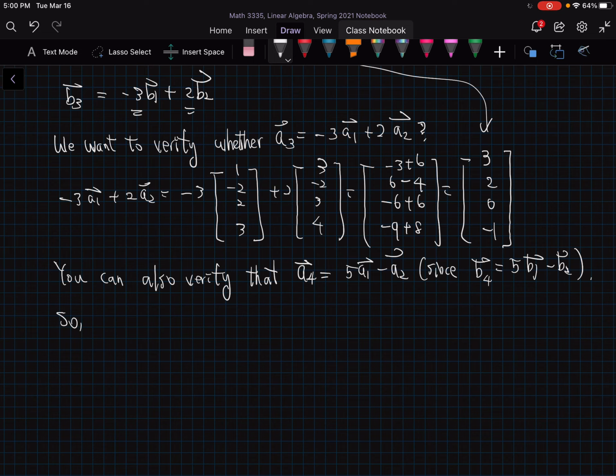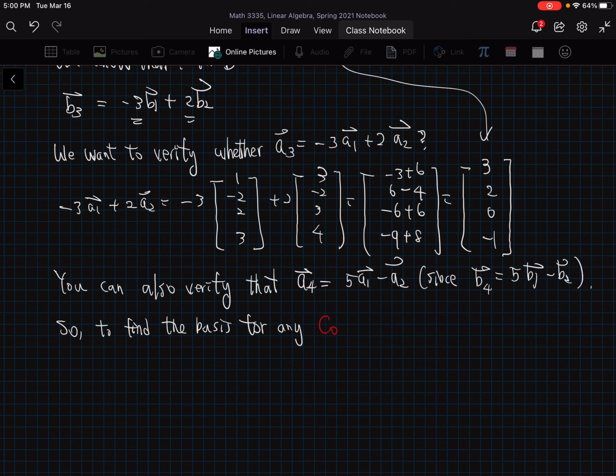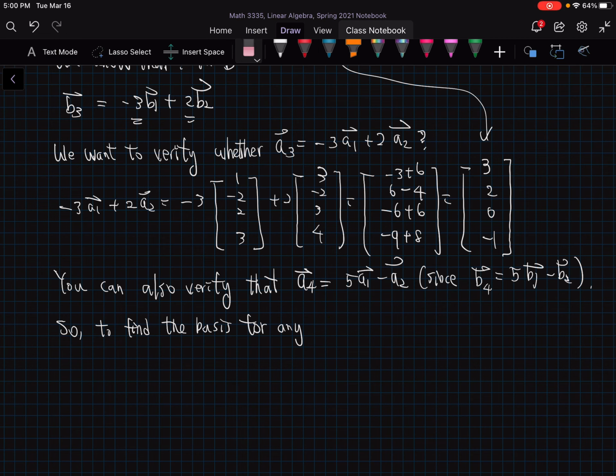So, to find the basis for any column space, column A, how do we find the basis of column A?